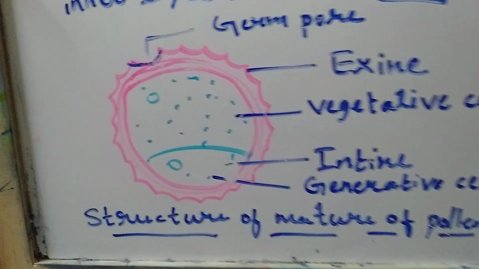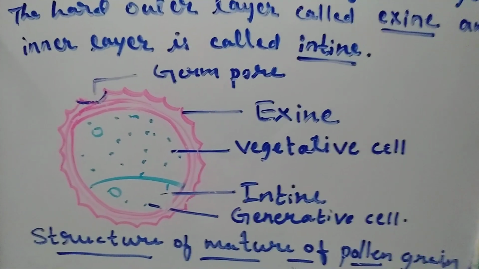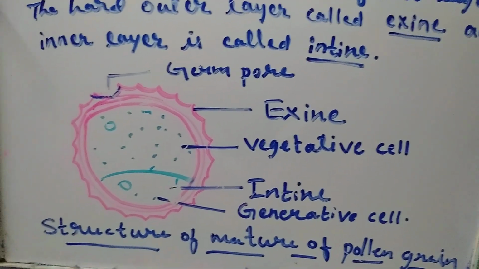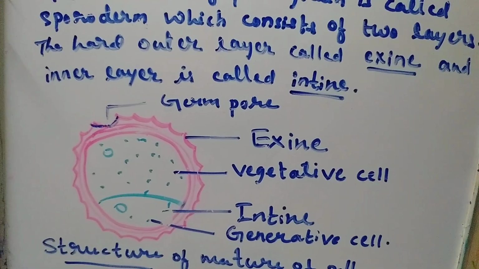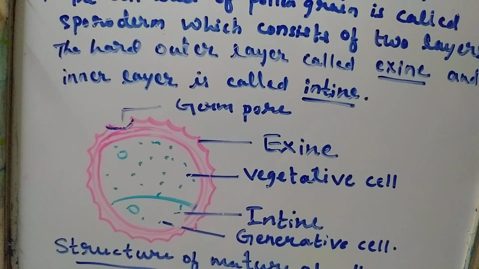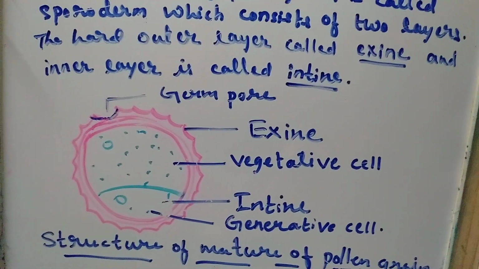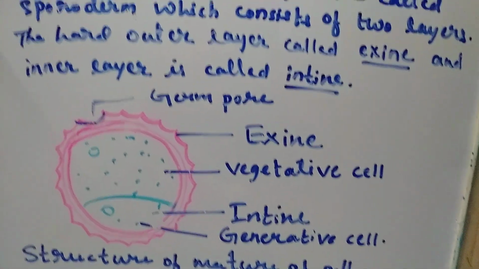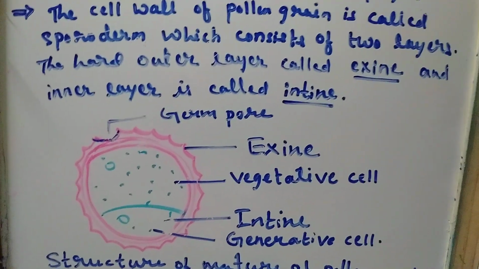And what is sporopollenin? Sporopollenin is a fatty substance, and it is not affected by high temperature, strong acids or alkali. That's why it is a very hard layer of the pollen grain.